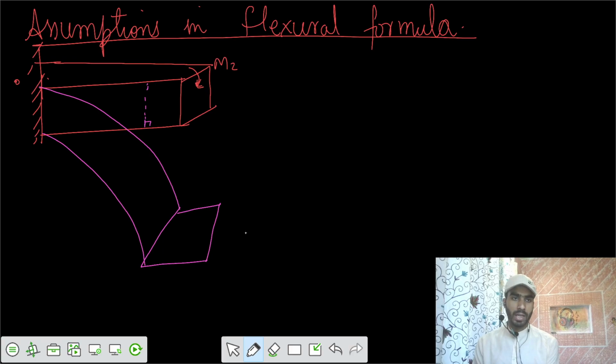Let's say these were the initial sections. This was initial vertical. Let's say this is vertical.